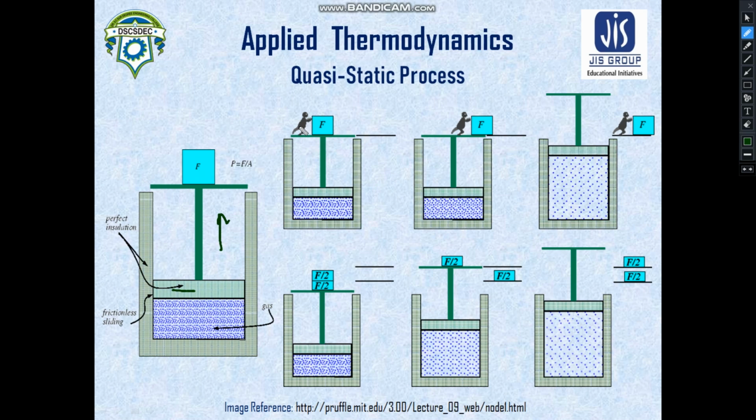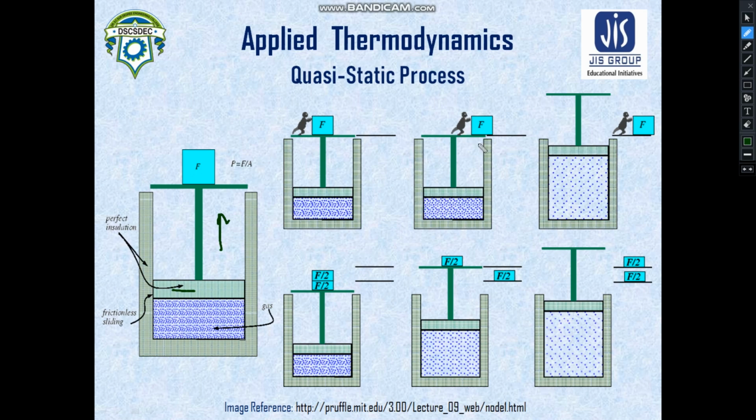Now, let us assume this child who is trying to remove this weight. If he removes the weight, then obviously by the effect of the gas pressure, the piston will move in the forward direction. That has been shown in the diagram. Now what happens if we divide this weight into two parts?